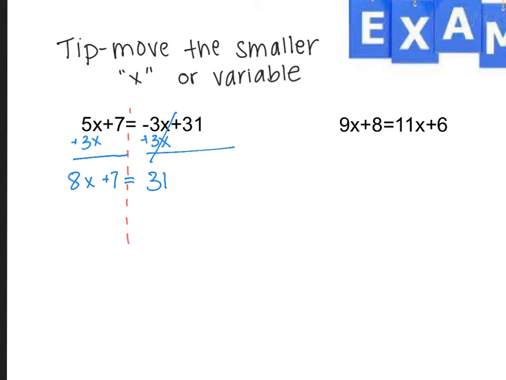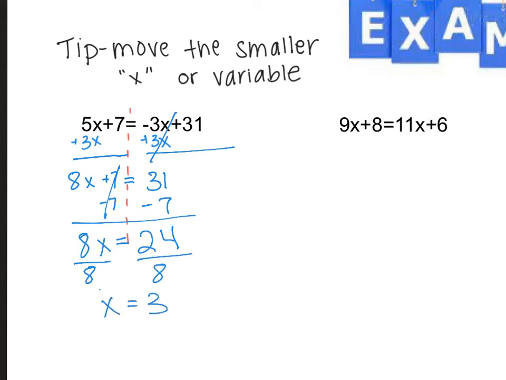So we are going to subtract first. Those go away. And then to undo multiplication, we divide. And x equals 3.